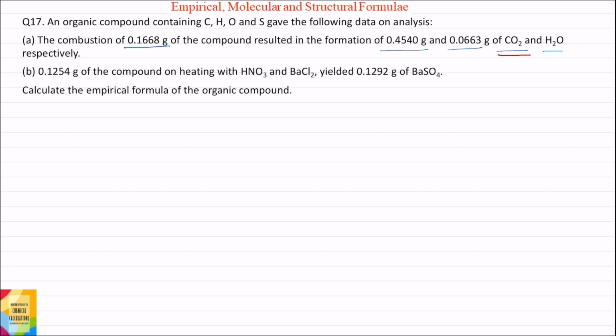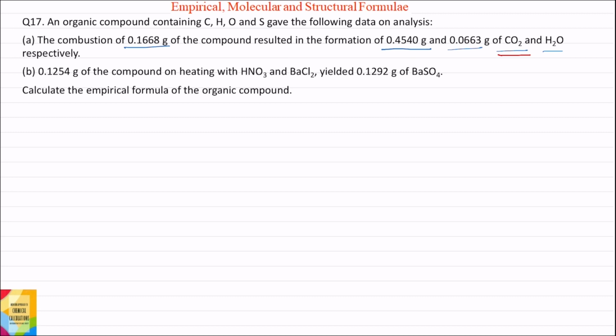Therefore moles of carbon will be equal to moles of carbon dioxide. Now how do we find moles of carbon dioxide? Weight of carbon dioxide is given, so weight of carbon dioxide divided by molecular weight of carbon dioxide will give the number of moles of carbon dioxide.